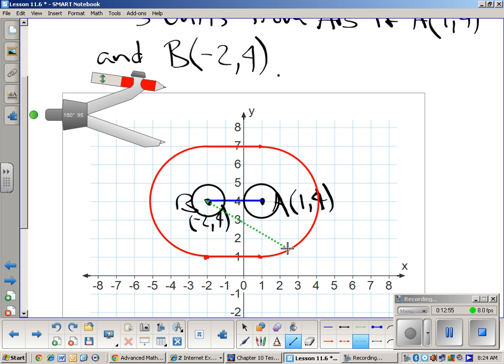No. We're not suggesting that. We're suggesting that the closest distance from this point to the arc is right there, and that is 3 units away. And the closest distance from that point to here is 3 units away. And the closest distance from that point to there is 3 units away.